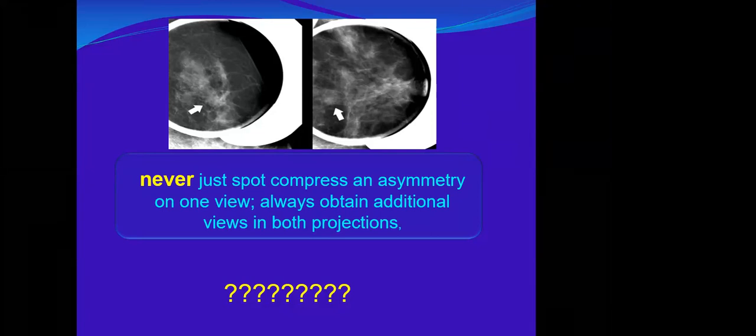Okay, you are right. They recommend never doing just one spot compression for an asymmetry; always obtain additional views in both projections. See, never do one spot. Why? Spot compression in the same projection as the standard mammographic view may produce only the same superimposition of structures and not differentiate a lesion from a summation shadow despite increased pressure, as we have seen in the previous example.